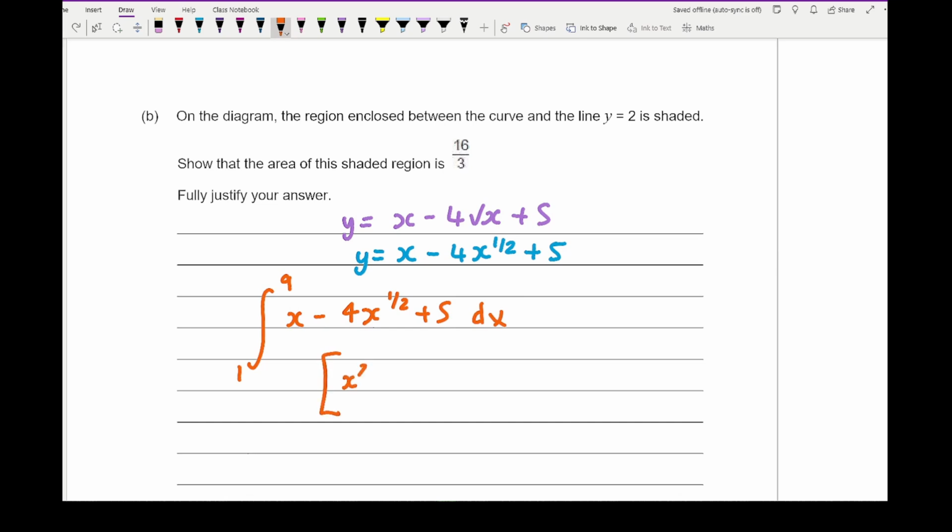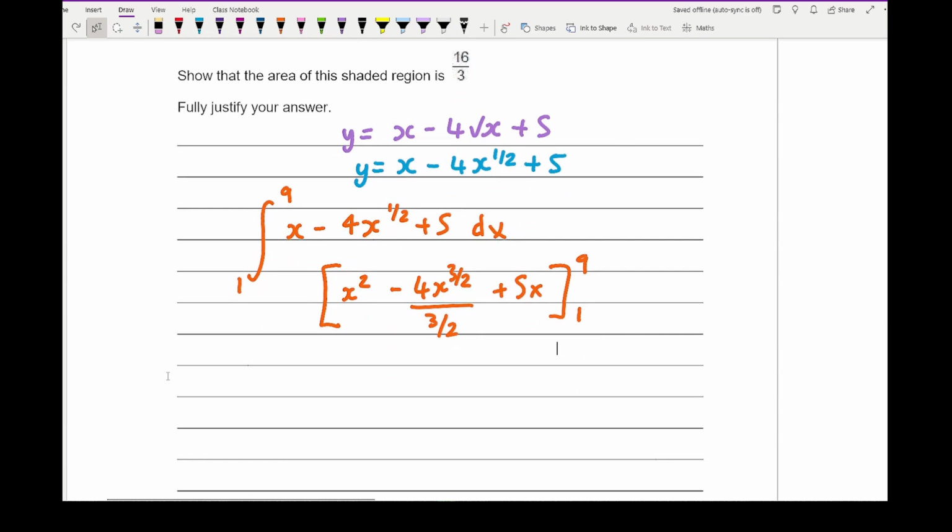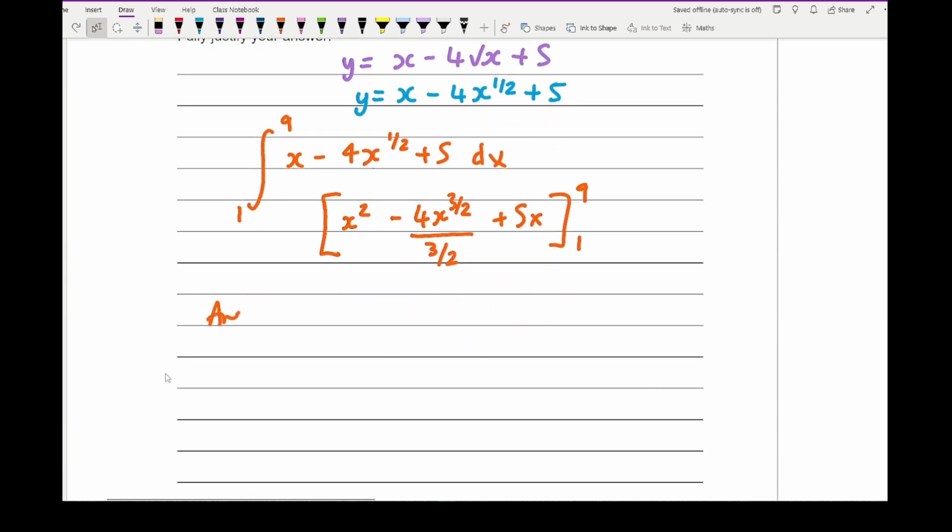What we end up with is this expression here, by increasing the power and dividing by the new power, with limits 9 and 1. By using this, we can then work out that the area under the curve is going to be equal to 32 over 3.